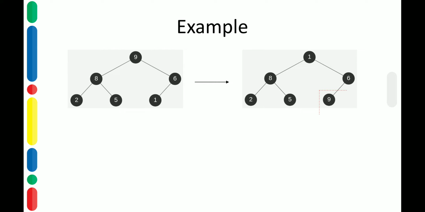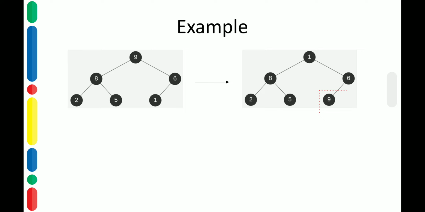After this, we reduce the size of the heap, meaning I am not considering the last element for the future heap operations. So if I have, say, 6 elements, and we have discussed that this heap will be stored in array form, after I have exchanged the largest element, the root element, with the last element, we don't consider the last element, we consider the remaining elements.